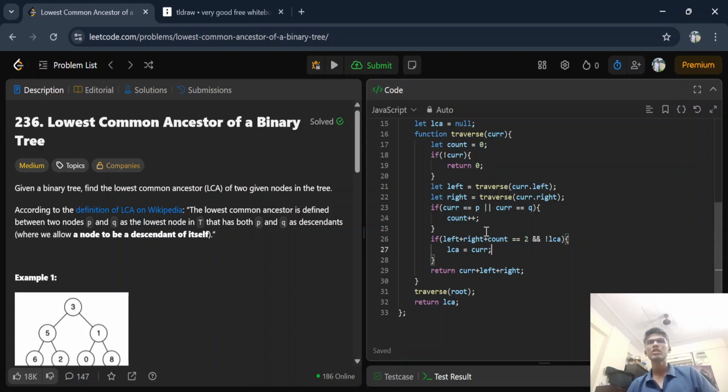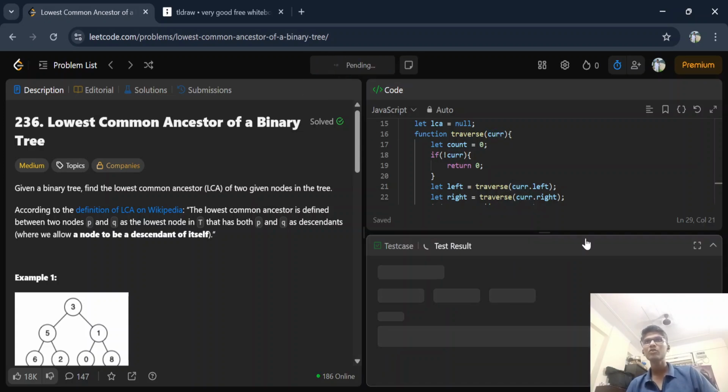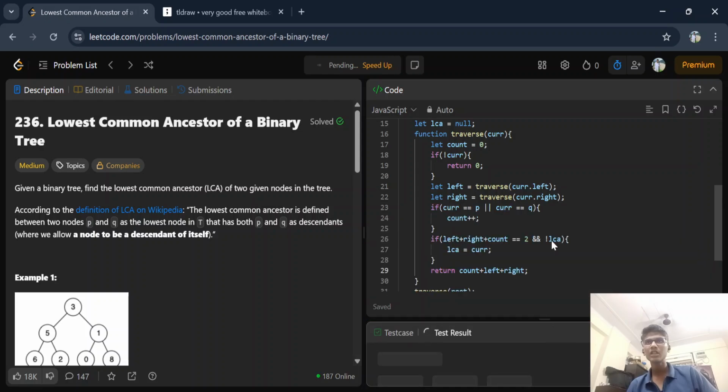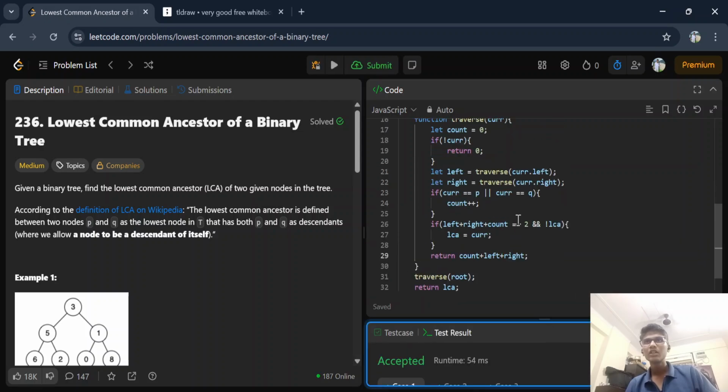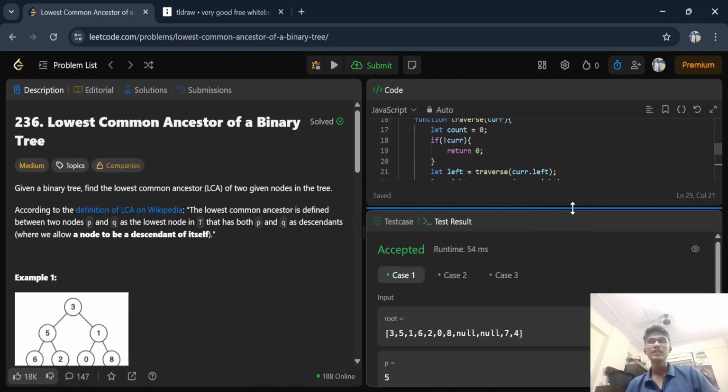Yes, so right now I'm doing it right, and this also to count. Now is there any other error we are making? Traverse here. Okay, this is running perfectly, and it will be accepted, I know that.